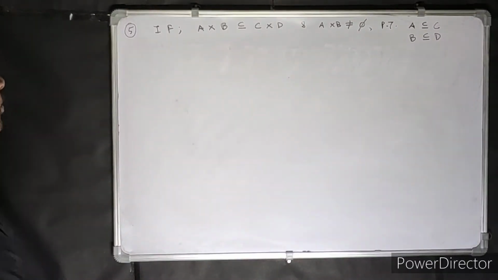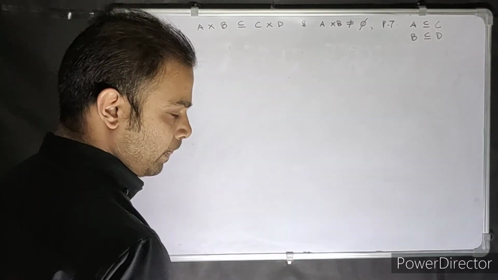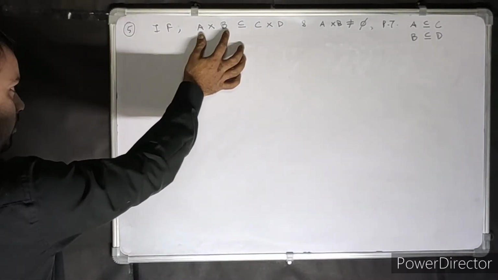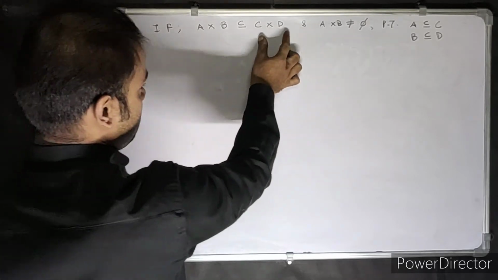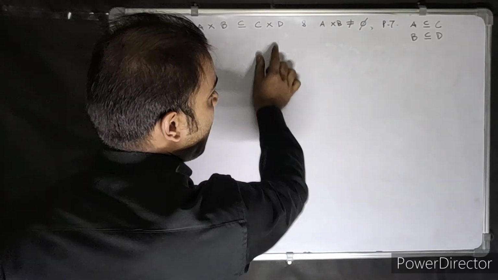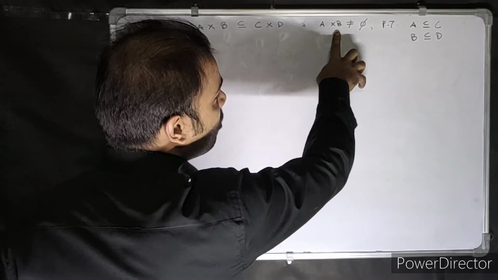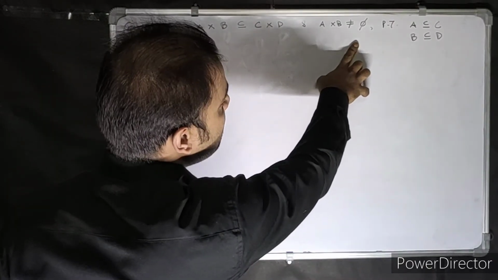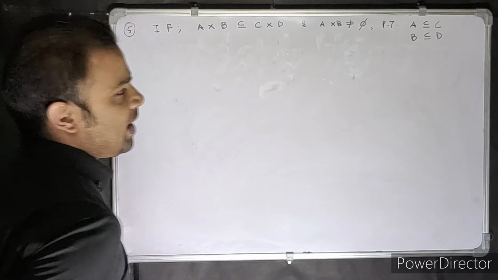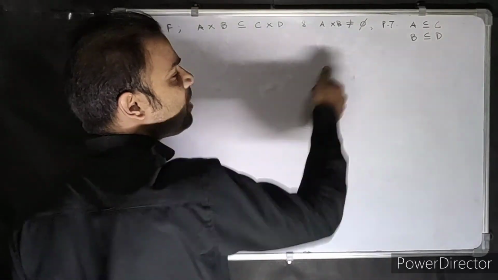Now from here, let's start. First of all, we have to understand the question. The question is saying clearly that this relation is a subset of this relation, and this relation cannot be empty. Simple. A cross B cannot be equal to empty set means the relation cannot be empty. The empty set shows an empty relation.